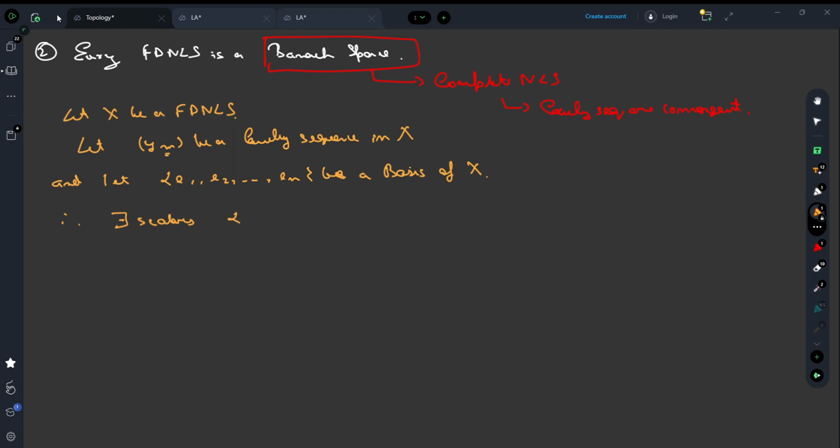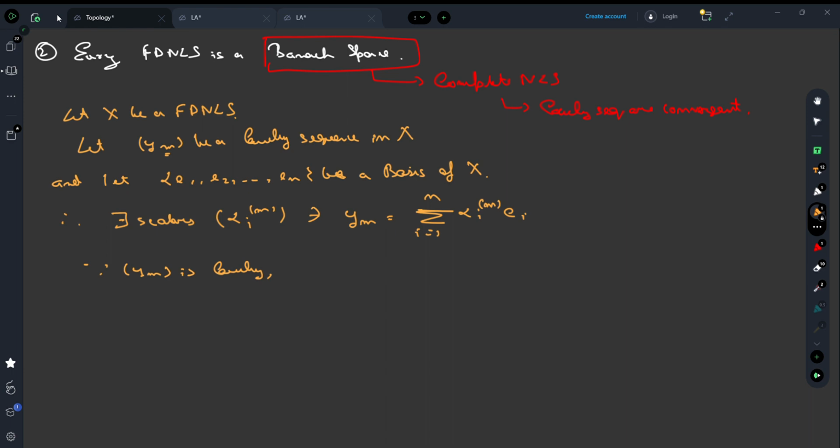Therefore, there exist scalars which are dependent upon this index m. Let this be alpha_im, such that each y_m is a linear combination: summation i equals 1 to n of alpha_im e_i.